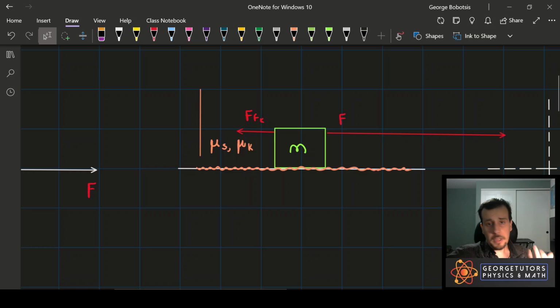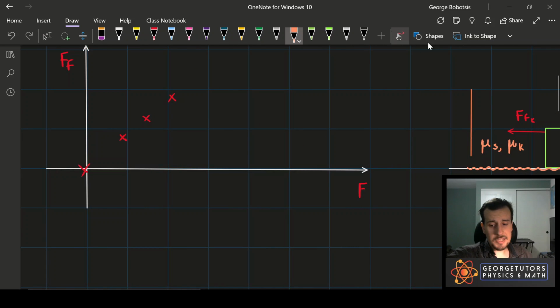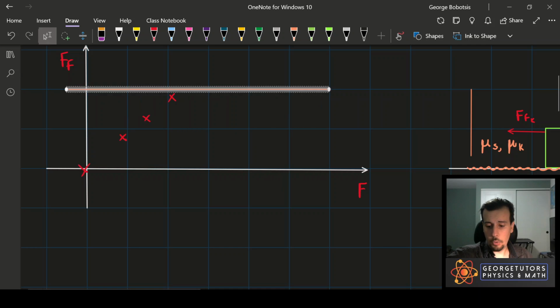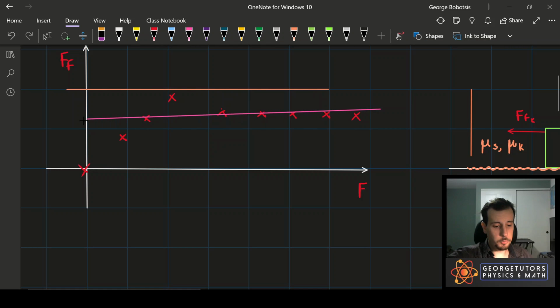So how would that look on our plot? That would mean that I reach at some point a threshold, that orange line that we saw over here, beyond which, once I exceed it as the force, what ends up happening is I turn around and I drop to a constant level of friction forever after. And the friction that I have down here right now, this specific threshold, will be the kinetic friction.